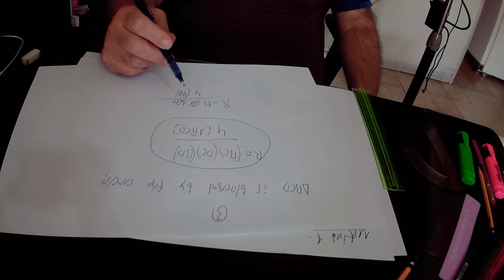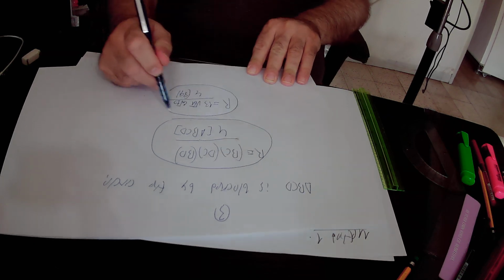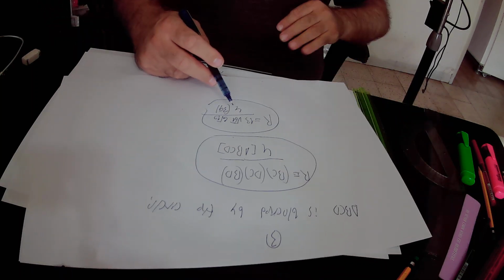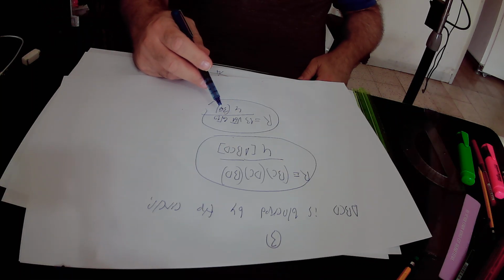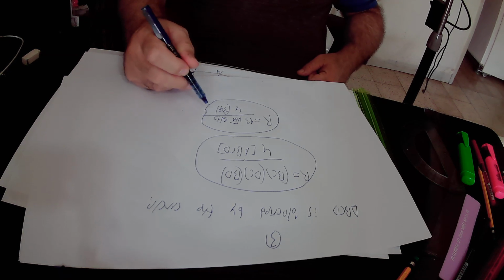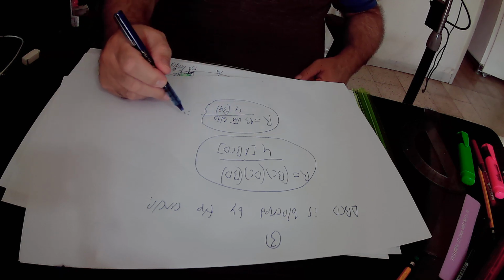In conclusion, we found out that the radius that we are looking for of this circle will be equal to 13 times square root of 61 times 6 times square root of 10 over 4 times 39. Here we will divide both the numerator and the denominator of this expression by 13.